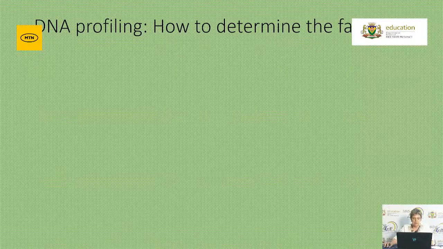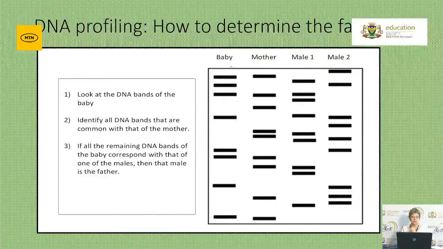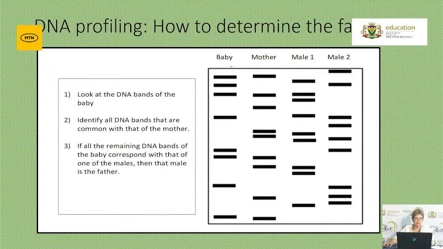Something that is very, very, very important is DNA profiling and how to determine the father. Now, in this case, remember, any baby must have either a DNA profile band from the mother or a DNA profile band from a father. So the DNA profile of a baby or a child must compare with either the mother or the father.